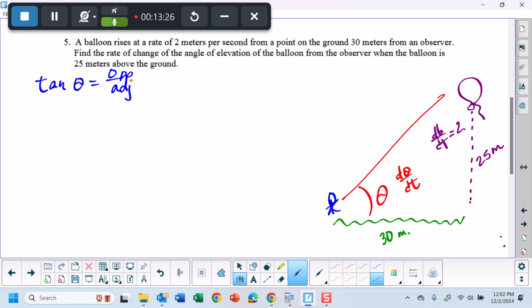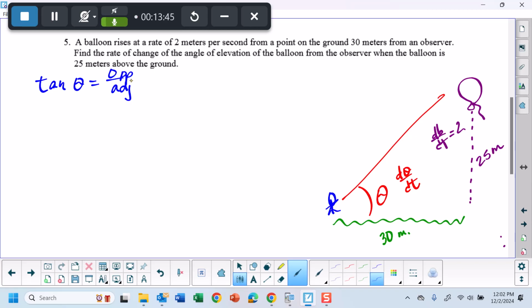And because this is a constant, it's not changing. So when I'm looking at taking the derivative of that, I don't have to have an x over a y or an a over a b, because my adjacent side is always going to be the same.